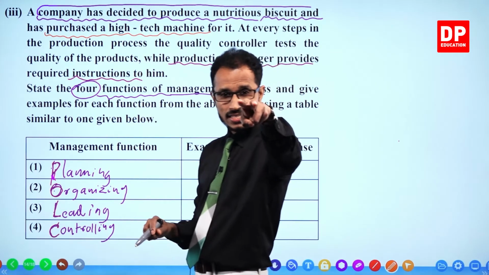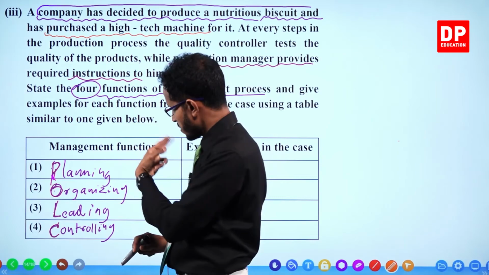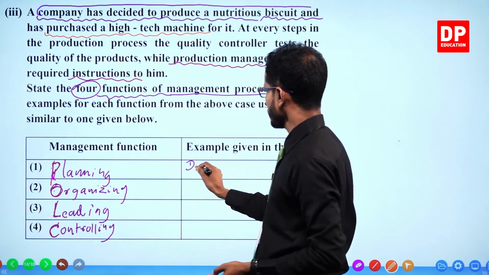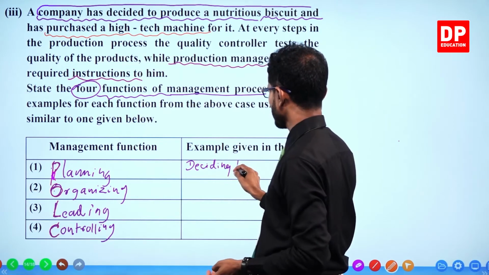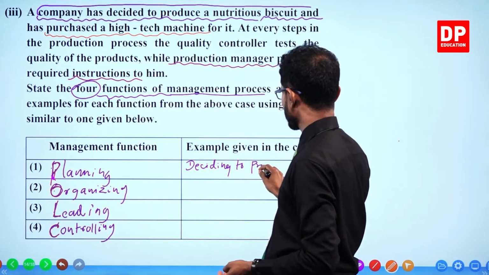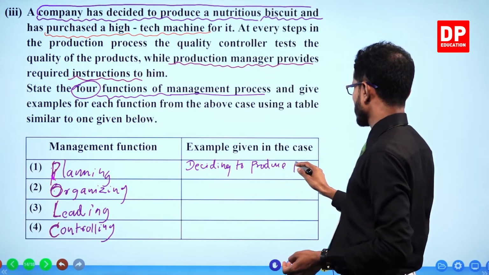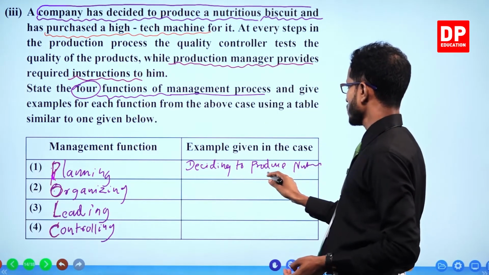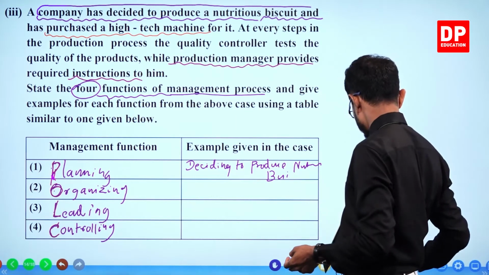Decided to produce a nutritious biscuit. Objectives, plans. Yeah, that's right. Planning. Deciding to produce a nutritious biscuit.